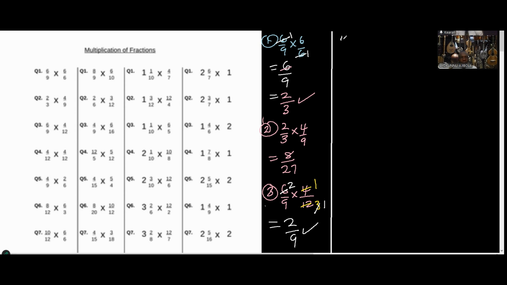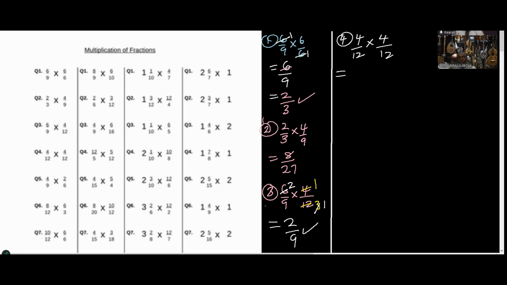Number 4. For number 4, I have 4 over 12 times 4 over 12. Don't just multiply straight. Firstly, see if they can divide themselves, okay? Let me try to write that for you. 4 over 12 times 4 over 12.